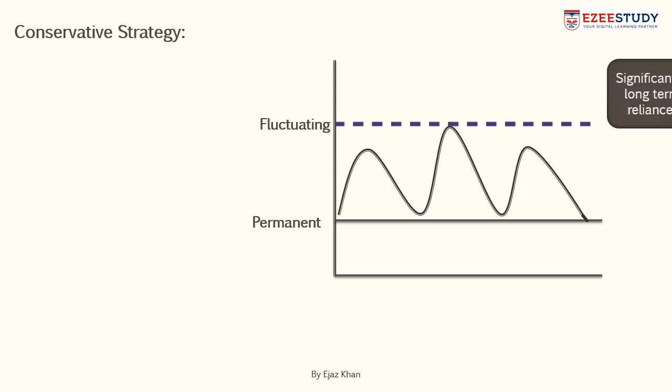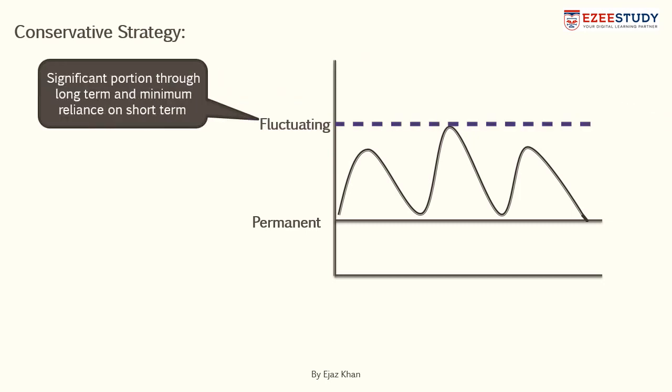In the conservative strategy, the reliance will be on the long-term source of finance because the conservative strategy is basically the risk avoidance strategy. The business will try to avoid the risk as much as possible.